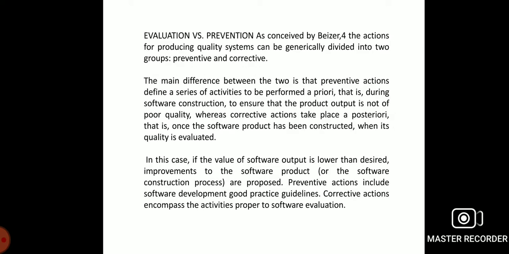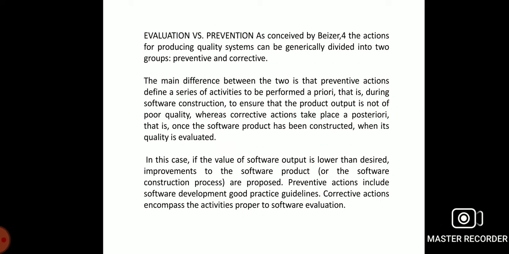And what about evaluation and prevention? The actions for producing a quality system can generally be divided into two groups: preventive and corrective.